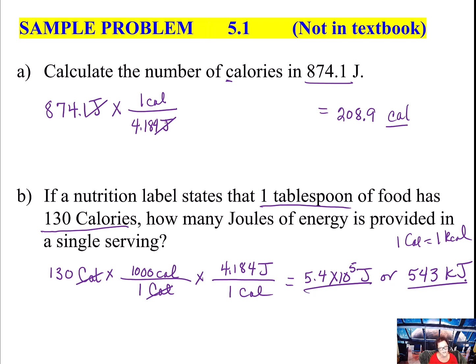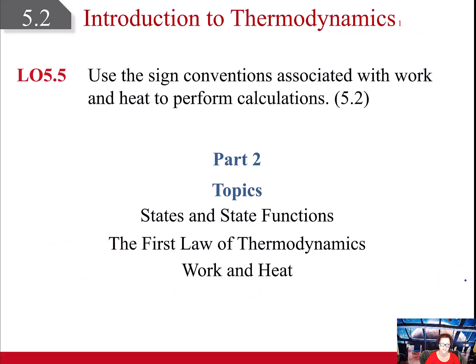So my joule answer has the correct significant figures. That's all there is in this introduction to thermochemistry. We're going to look at changes in the system in the next module of thermochemistry in part 2.